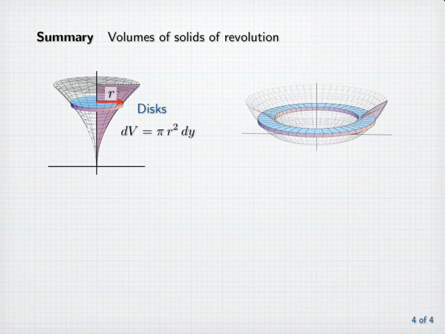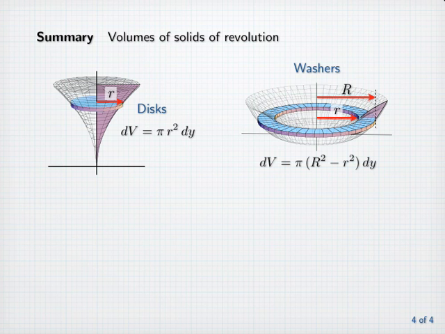In some situations, rather than disks, we end up with washers when revolving a perpendicular slice of the region about the vertical axis. To write down dV here, we think of the inner radius, which is the radius of the hole in the washer, and an outer radius, capital R, and write dV as pi times (capital R squared minus little r squared) times dy.